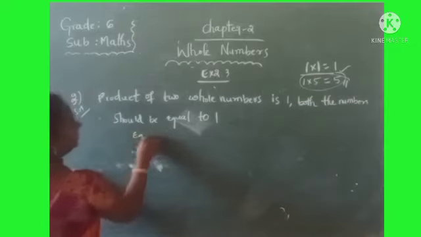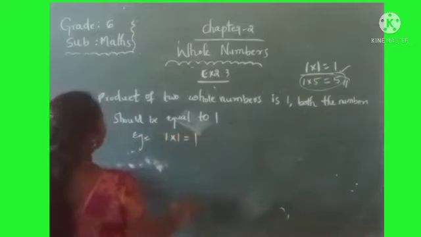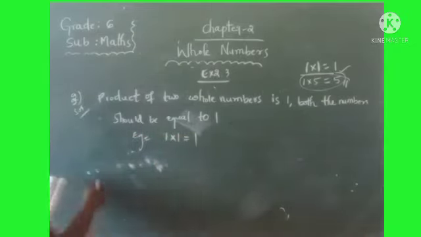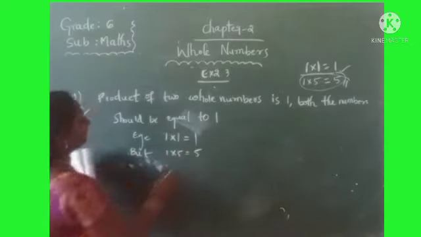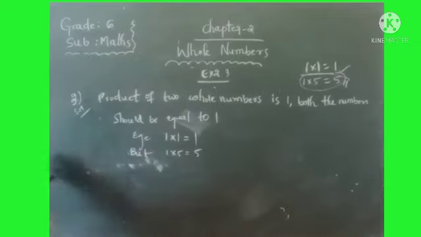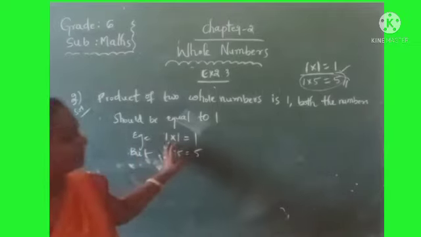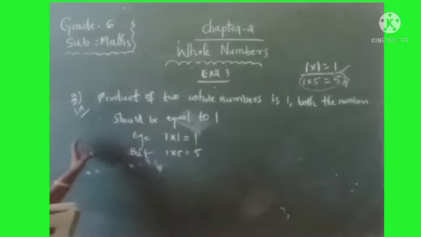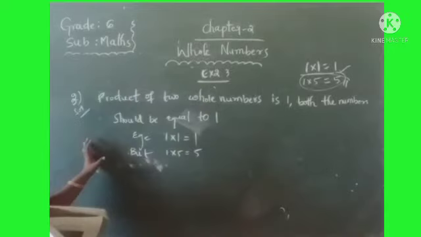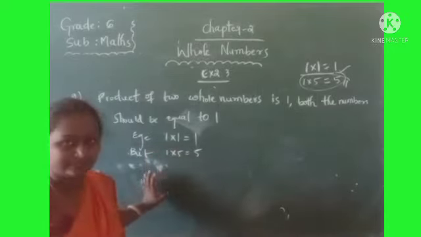For example, as I already said, 1 into 1 is equal to 1, but 1 into 5 is equal to 5. Hence it is clear that the product of the two whole numbers will be 1 only in the situation where both numbers to be multiplied are 1.